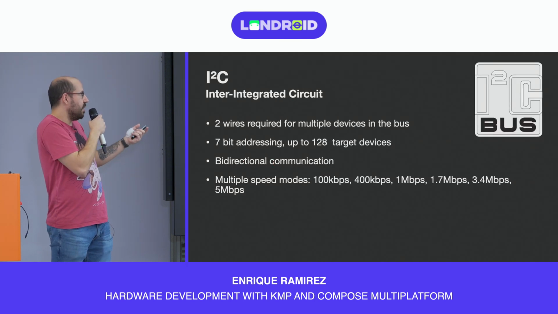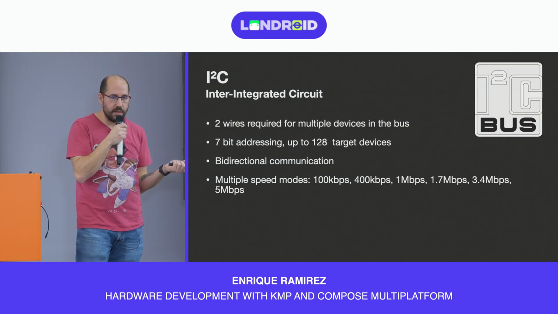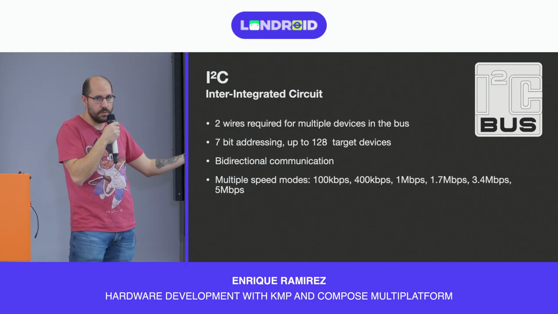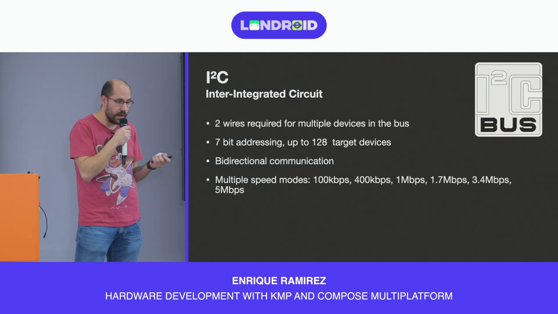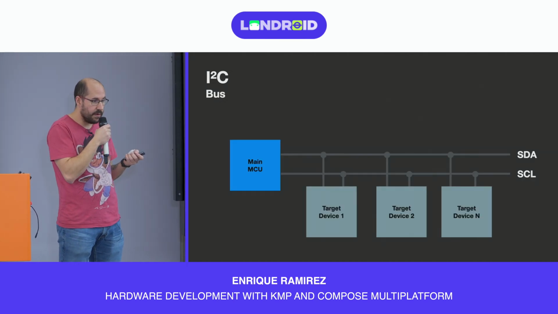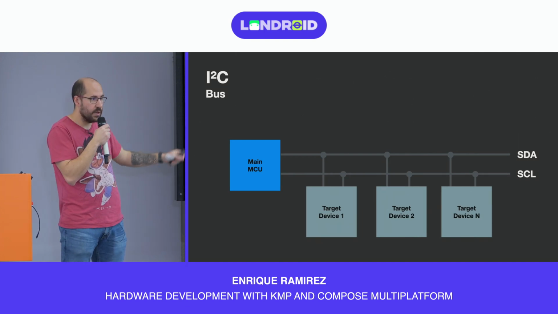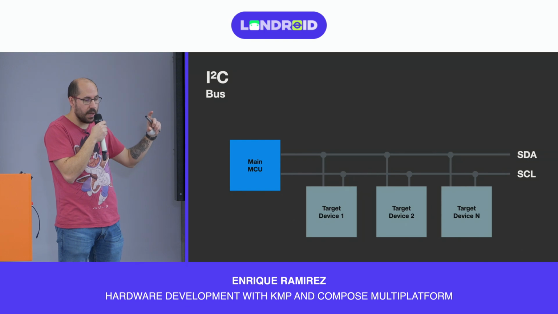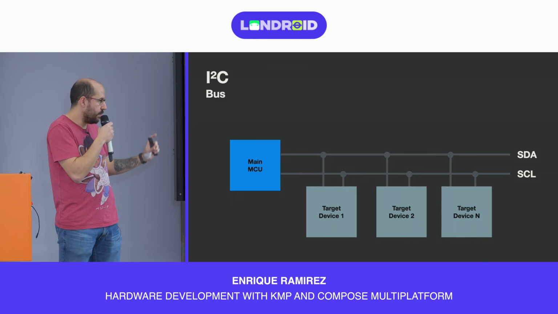And what is actually this I2C? It's just a circuit level protocol. It's something that lets us talk to the chips, and the cool thing about it is that it's very efficient in terms of the wiring you have to do. From a main controller, you could connect many target devices.